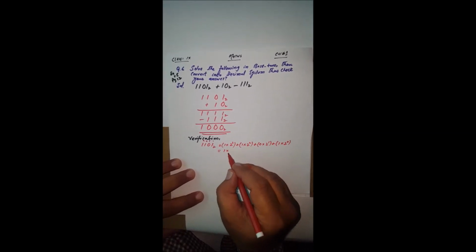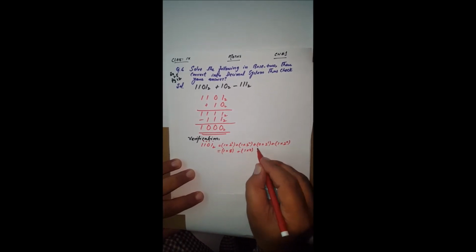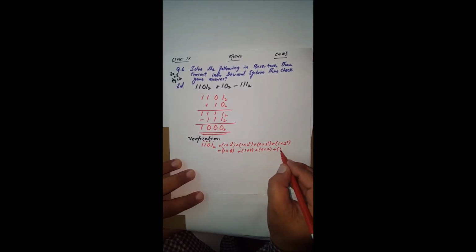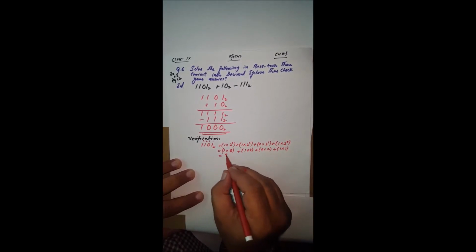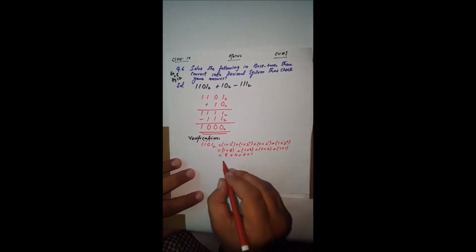Now 1 multiplied by 8 plus 1 multiplied by 4 plus 0 multiplied by 2 plus 1 multiplied by 1 is equal to 8 plus 4 plus 0 plus 1.